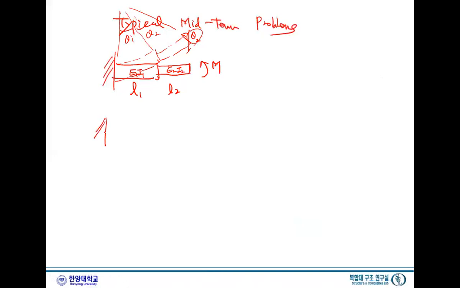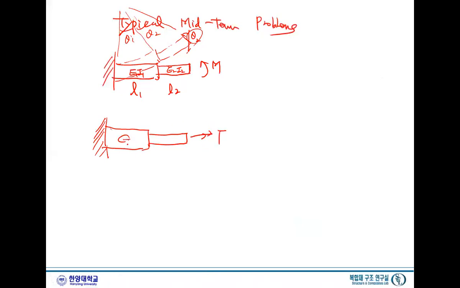Well, it would be easier to understand if you compare with a very similar shaft, not the beam, under a torque.